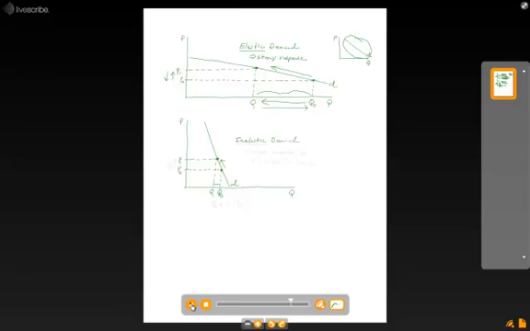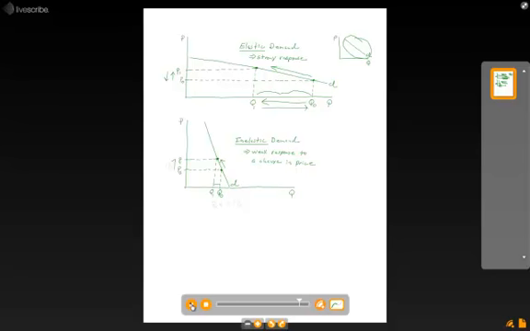And from now on, when you see the term inelastic, you want to be thinking that there is a weak response to a change in price. There is a weak response to a change in price.